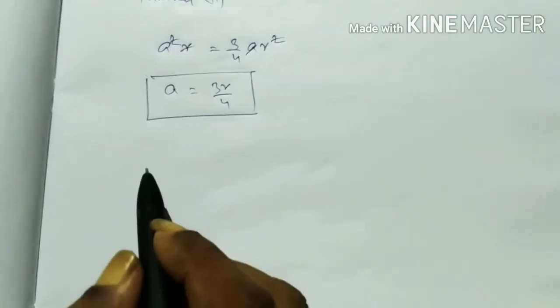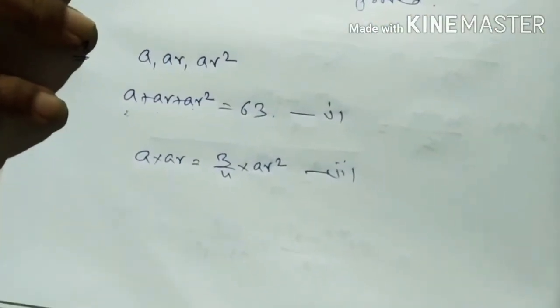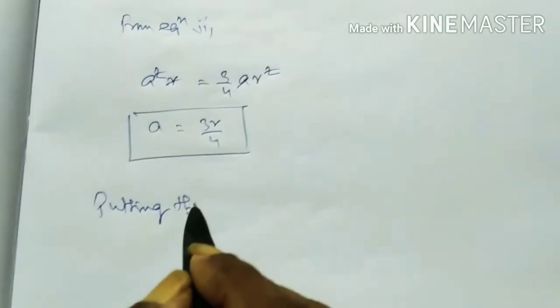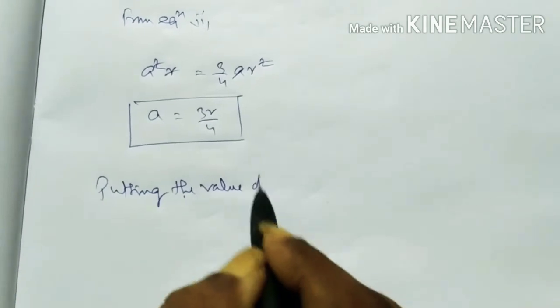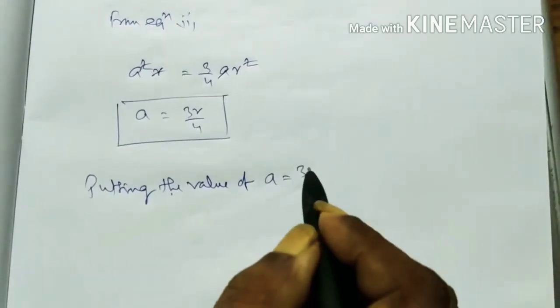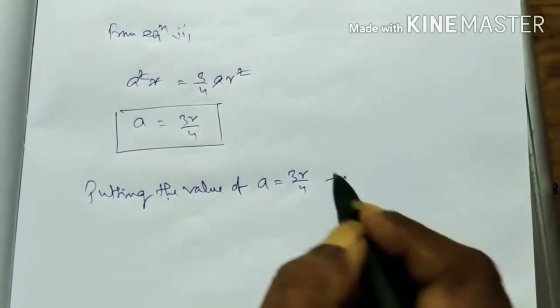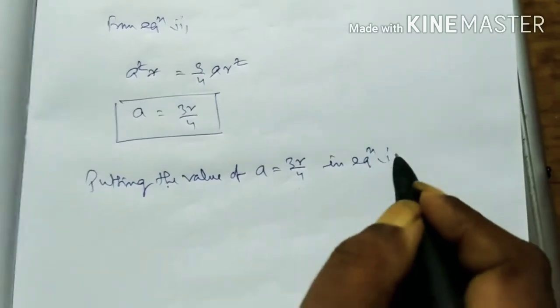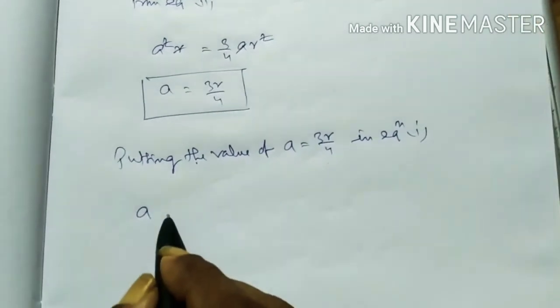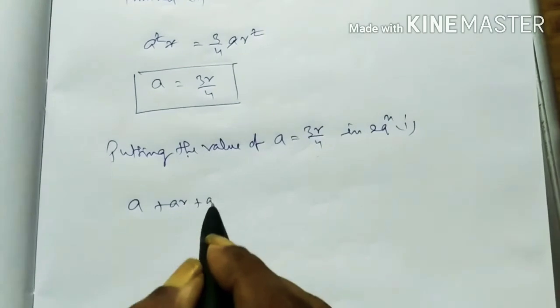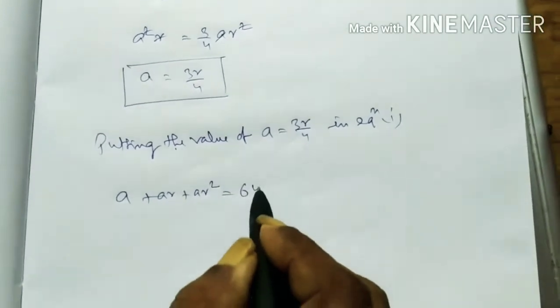Now I am going to put the value of a is equal to 3r by 4 in equation 1. So a plus ar plus ar square is equal to 63.